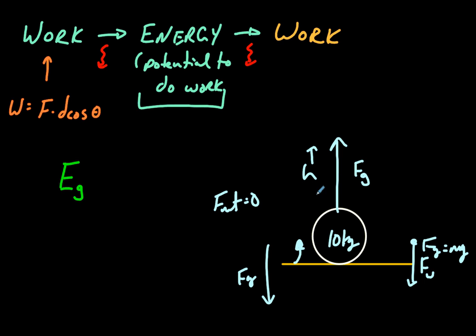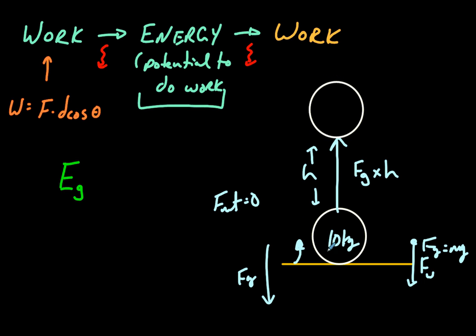So Fg times height gets this ball from down there on the ground to some height above the ground. We've had to do work to do that. It's just a constant force, so the math is easy. It's not a changing force, just a constant, consistent force over this height.